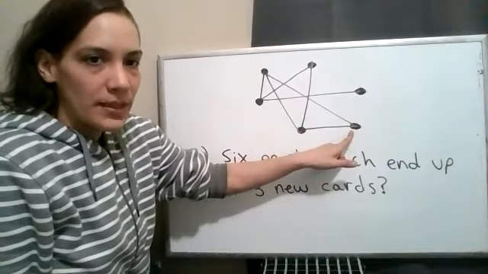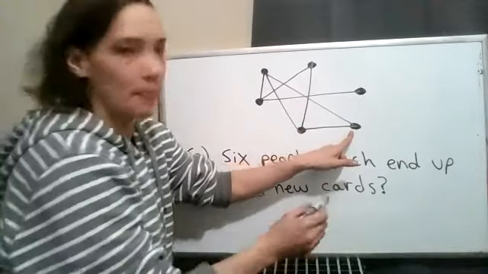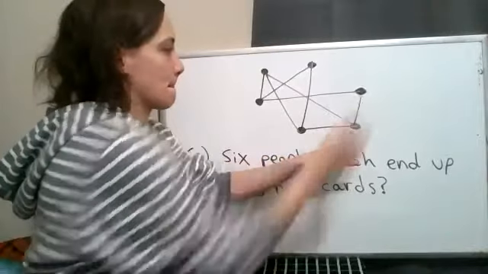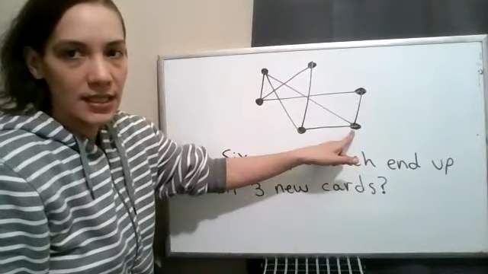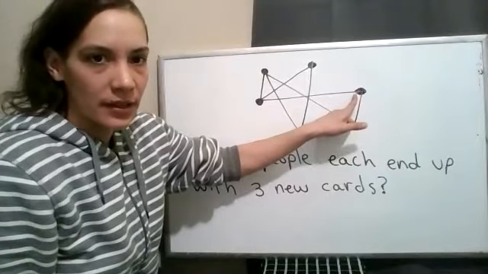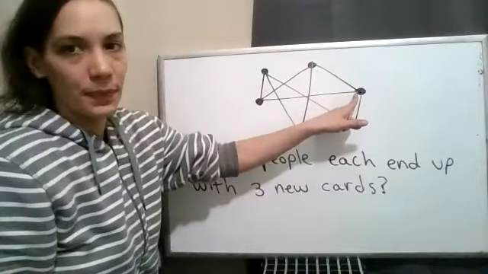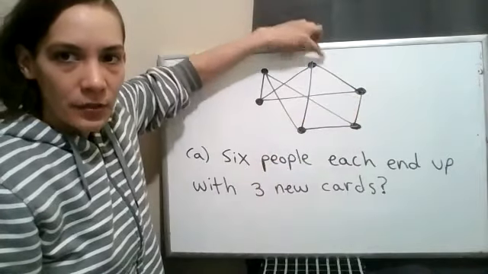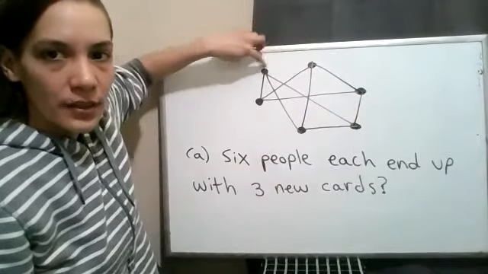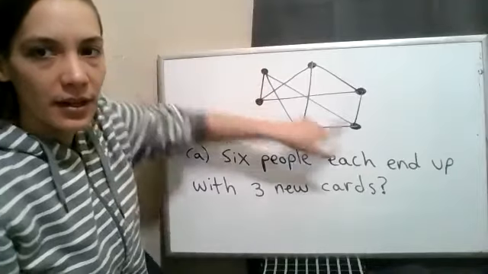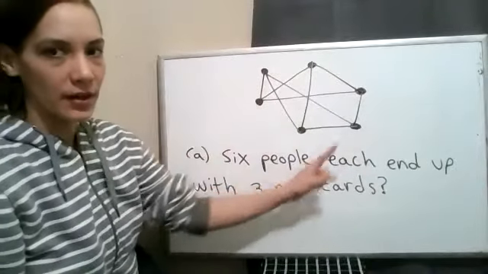This will also need to be degree 3. This person needs to get 3 cards, and I connected here. And then at that person, 1, 2, 3 cards. 1, 2, 3, 1, 2, 3. So we're good: all of the people have each gotten 3 cards.